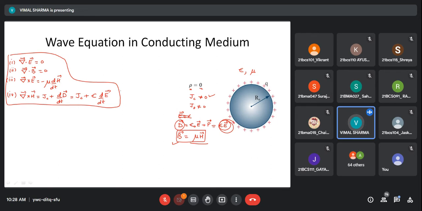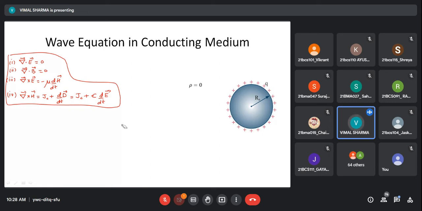I used all the properties of conducting medium, and using those I can write Maxwell equations in this form. Now, using the same mathematics as we did earlier, we can write the wave equation for the E component as well as the B component, but these wave equations will be different from the wave equations we saw in case of free space or vacuum.